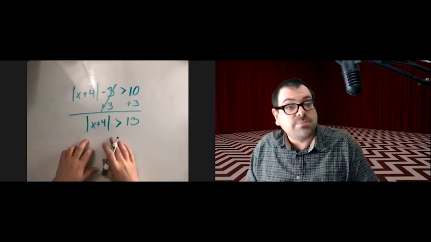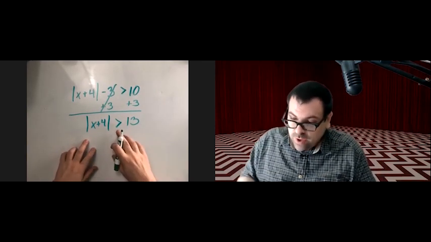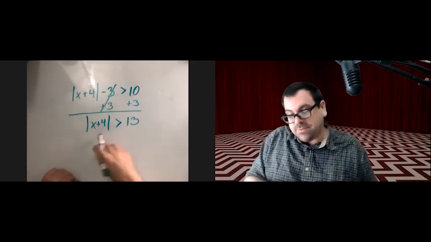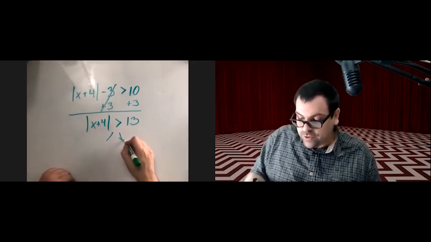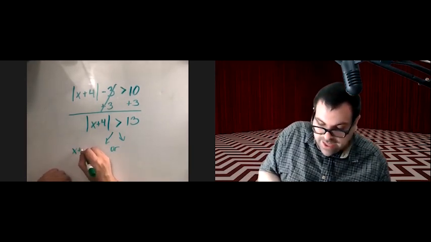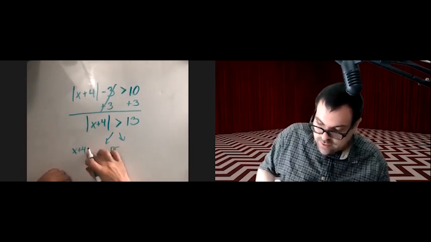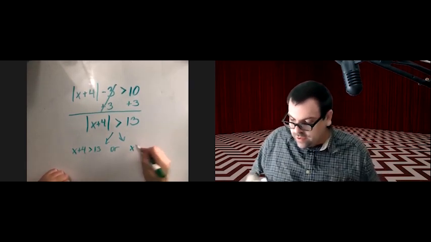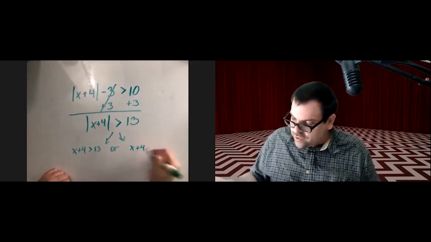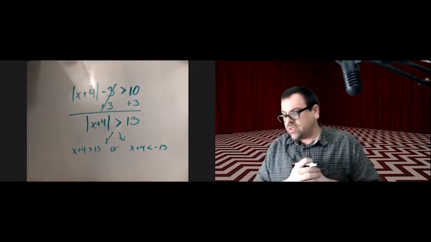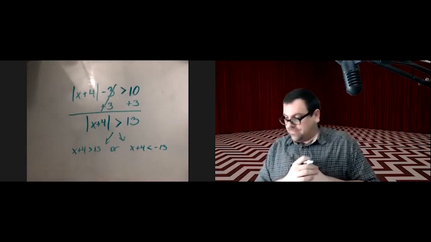Absolute value of x plus 4 is greater than 13. Absolute value greater than, two things, or statement. Drop the absolute value. Leave the rest alone. And then drop the absolute value, switch it to less than, switch it to negative 13.